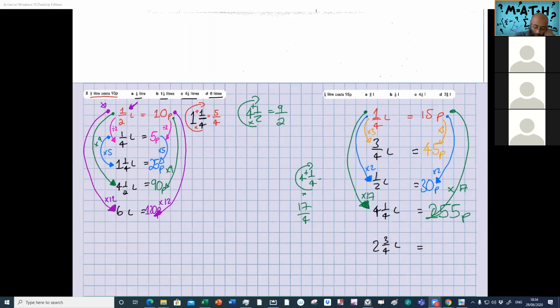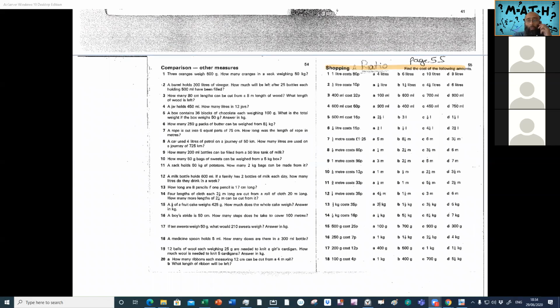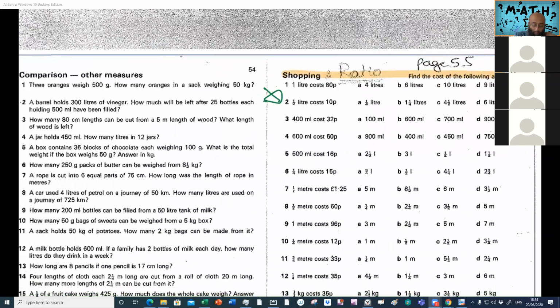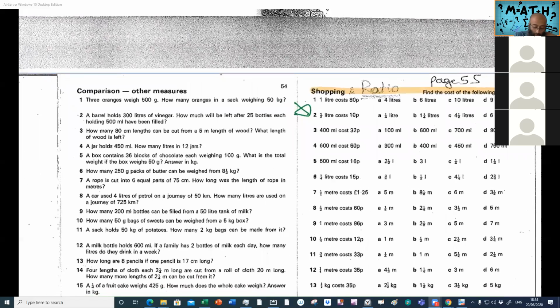Okay, so let's have a go. You two start the exercise, please, at question number 2. You've got the sheet there in front of you, printed out, and the rest of you are going to go back and we're going to look at the other exercise.